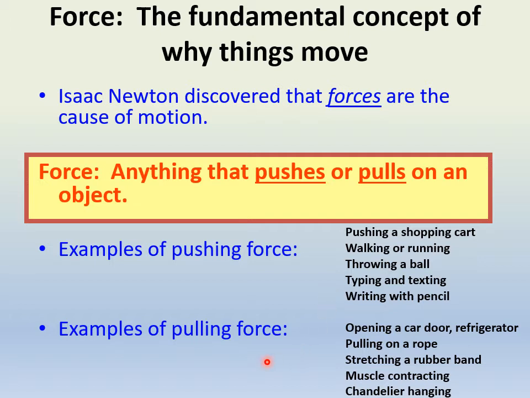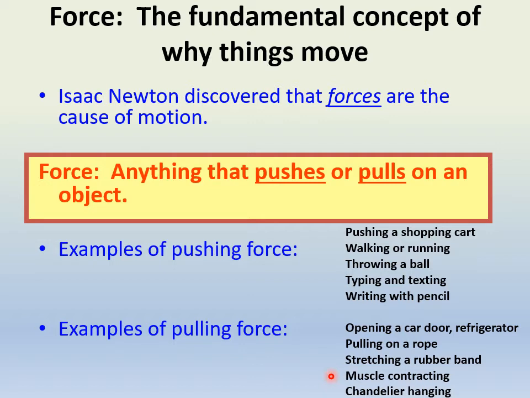Some examples of pulling forces that you are certainly familiar with. When you open a car door or your refrigerator door, you're going to be pulling open the door. When you pull on a rope, obviously you're pulling. Stretching a rubber band is an example of pulling. Any muscle motion or movement of your body is ultimately due to a muscle inside your body contracting.